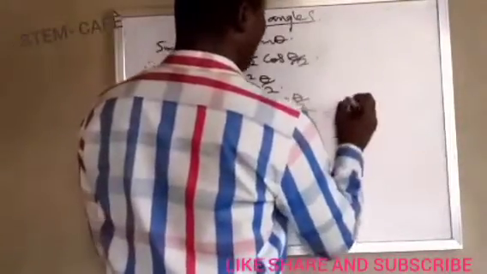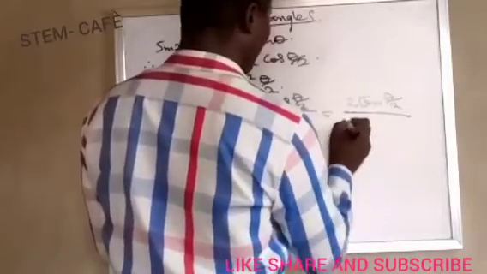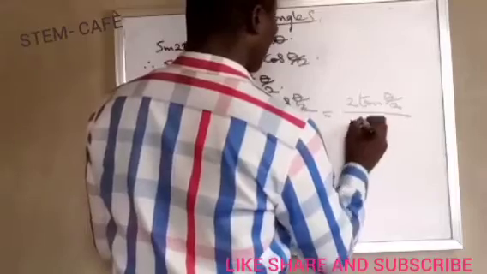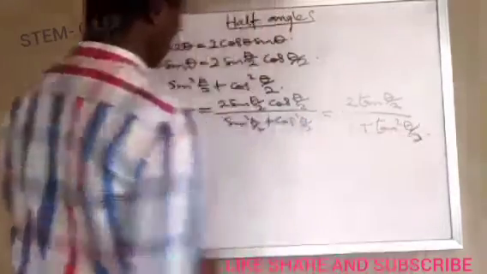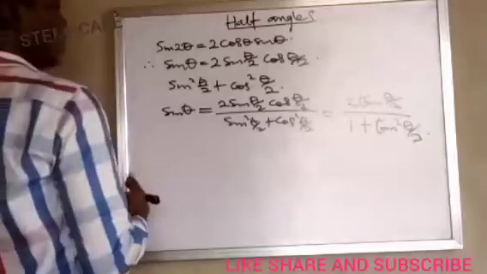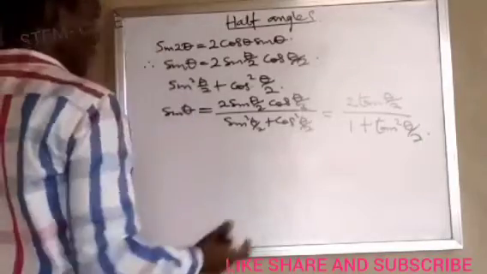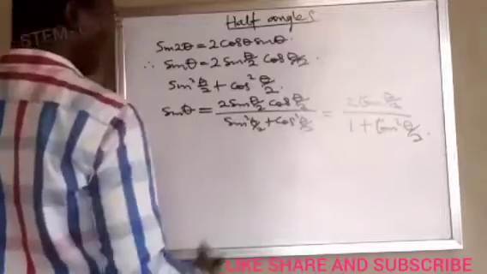So I'm going to have 2 tan theta over 2 over 1 plus tan square theta over 2. So I can get my tan theta over 2 here. Then by other trigonometric ratio identities, I can get sin theta over 2 and cos theta over 2.